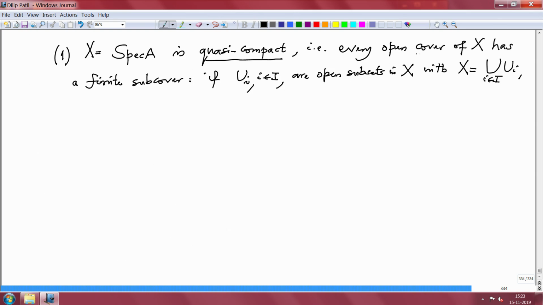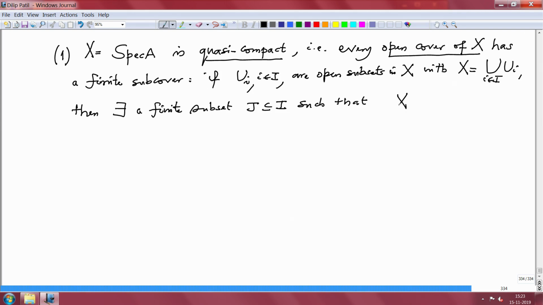Such a thing is called an open cover of X. Then there exists a finite subset J of I such that X is a union of U_j. So, that means X is covered by finitely many of the U_j's. So, such a thing is called quasi compact.